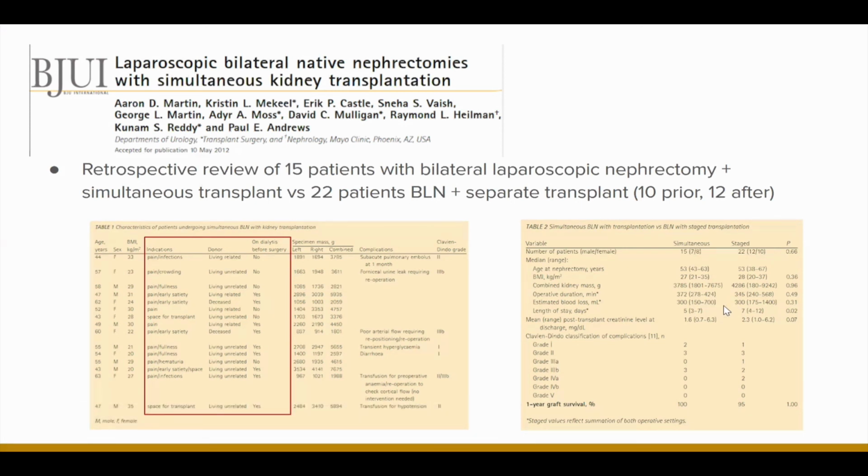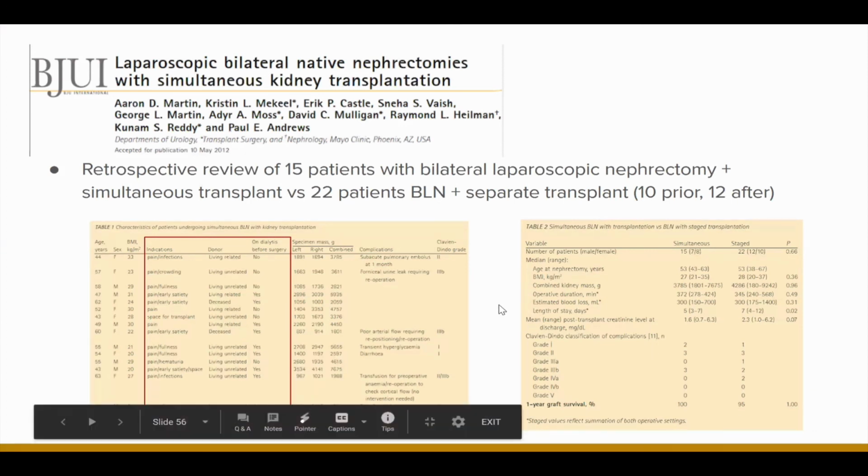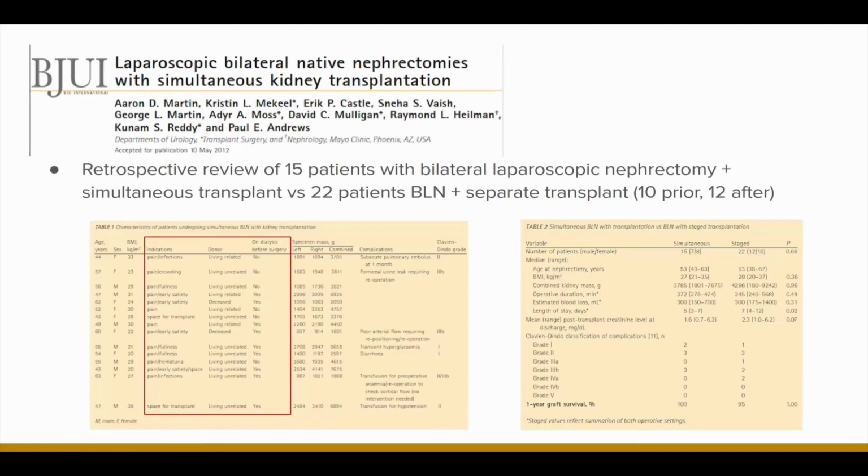Estimated blood loss was the same. However, the length of stay for a staged approach, again, considering that they had 2 separate procedures, was longer than for a simultaneous approach. But overall, they conclude that a laparoscopic native nephrectomy at the time of transplantation is feasible and may reduce some of the multiple operations for these patients.